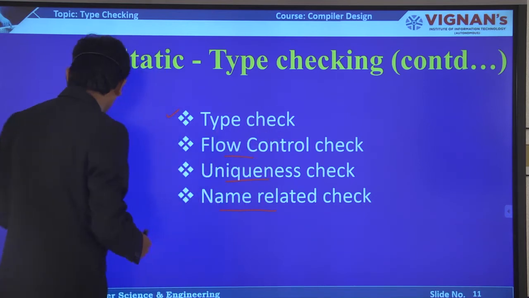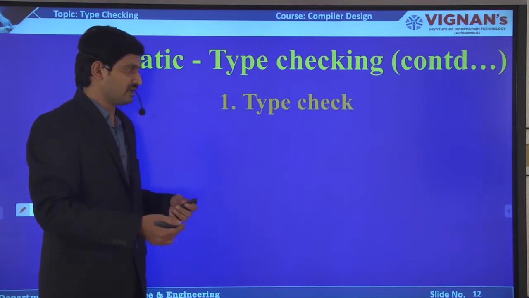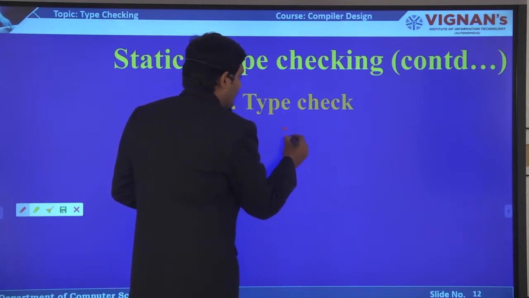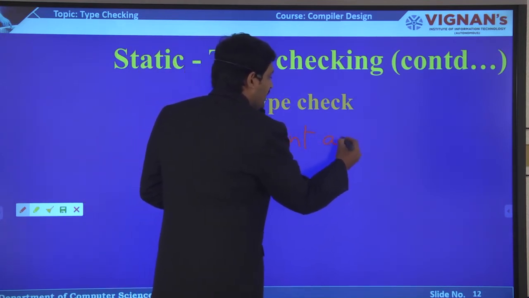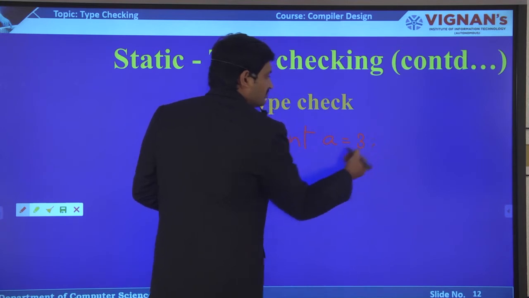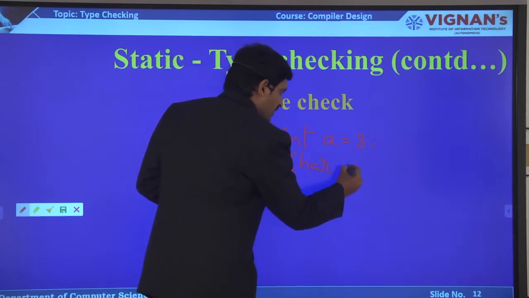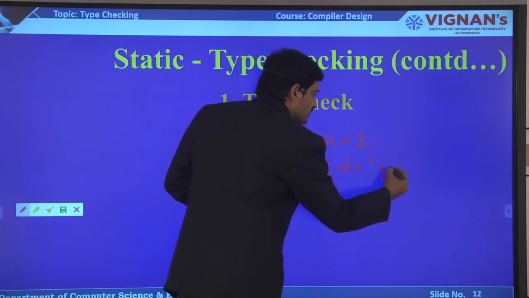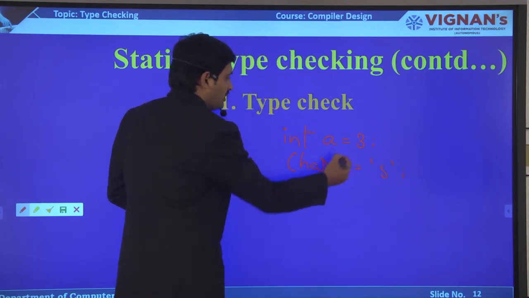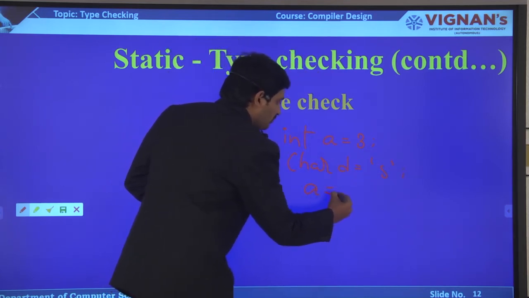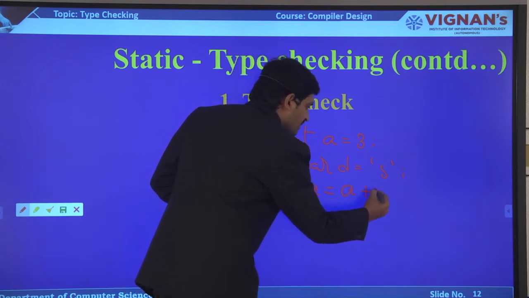Come to the first one, type check. What is type check? Suppose I write int a equal to 3 and char d equal to s, but after that I perform the operation a plus d.